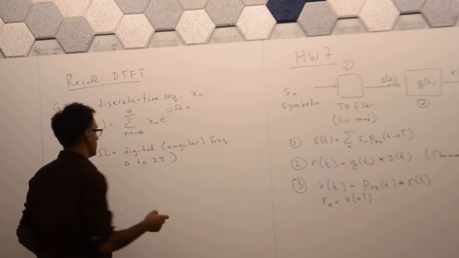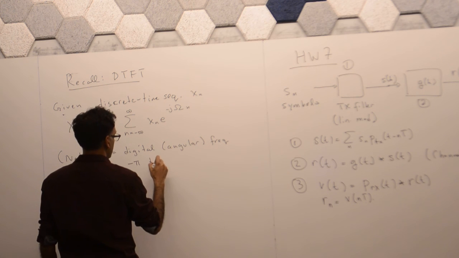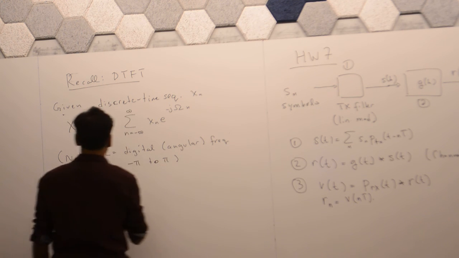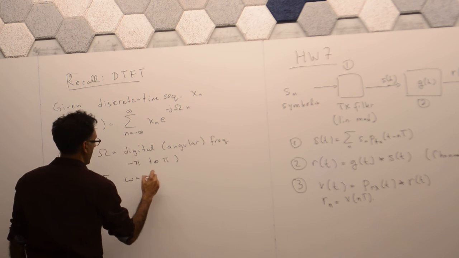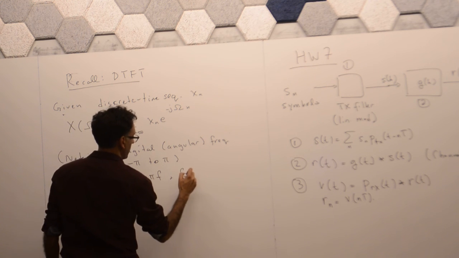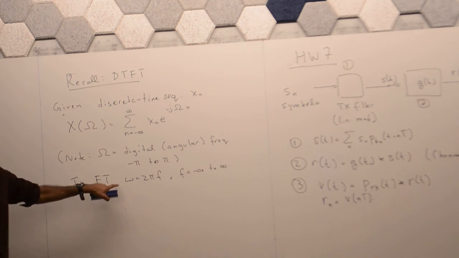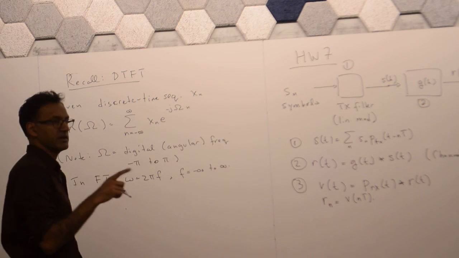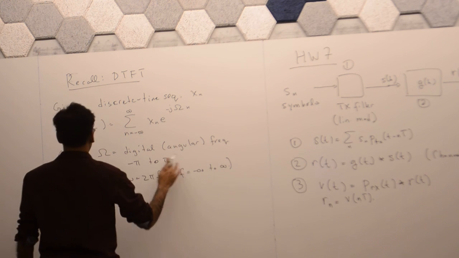It's periodic. In the Fourier transform, omega is 2 pi f, and f goes from minus infinity to infinity. That's the reason they use this little omega. Does that answer your question? I don't know if that sounds familiar from signals and systems.